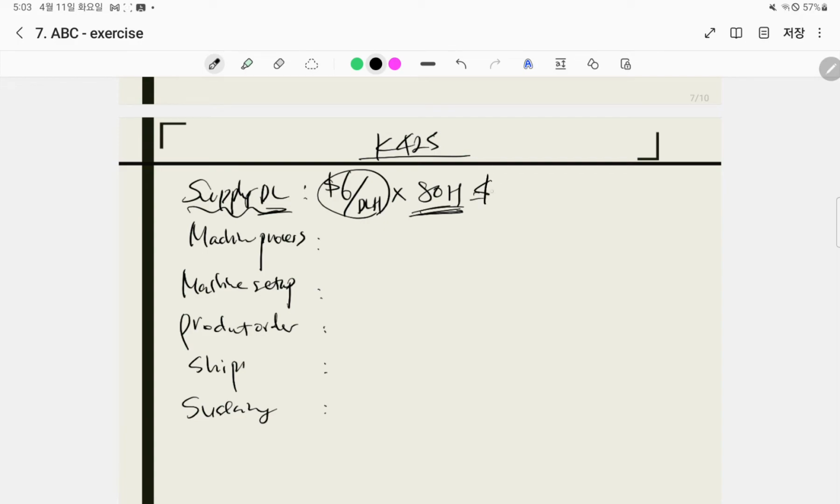So in total, $480 of supporting direct labor costs are consumed to produce K425. Okay, how about M67? Again, the activity rate is the same, $6 per direct labor hour. And how many direct labor hours are consumed?